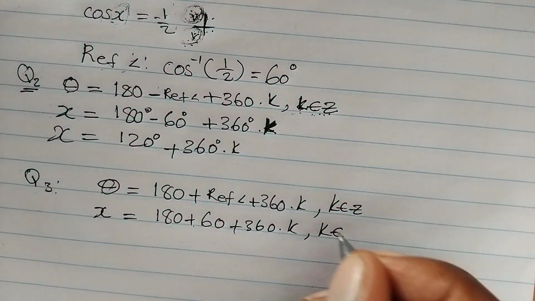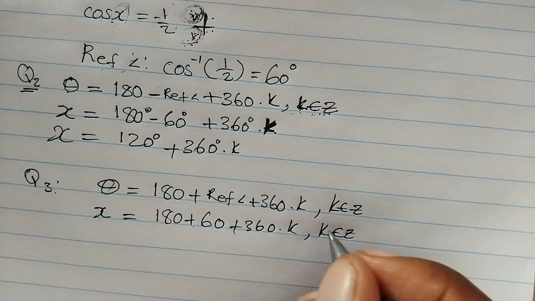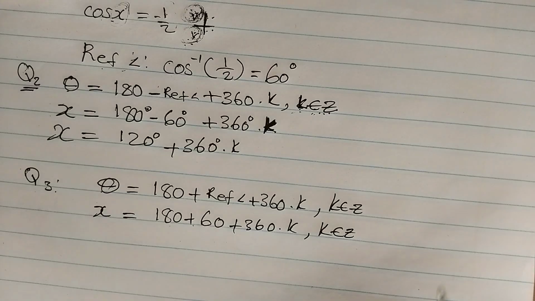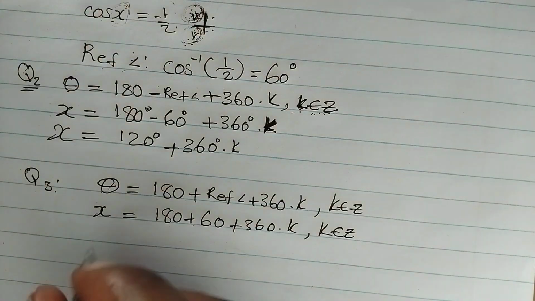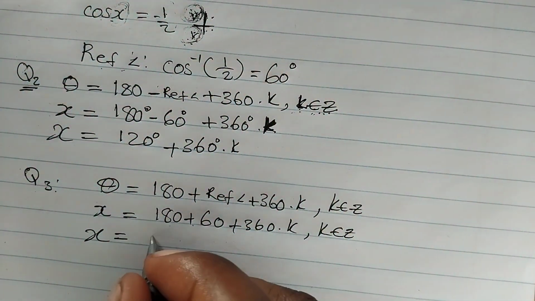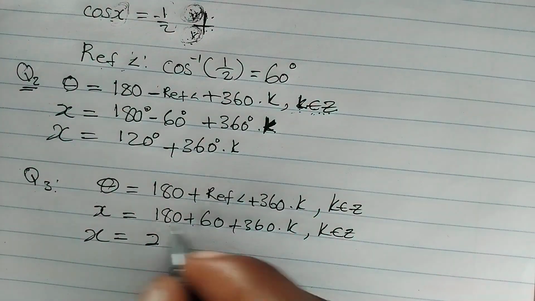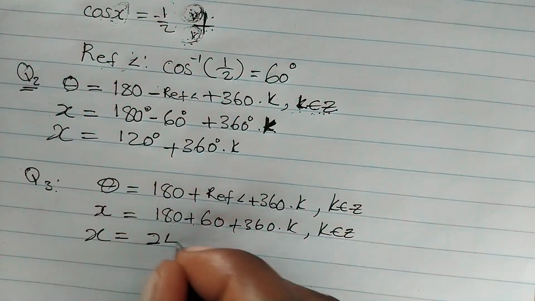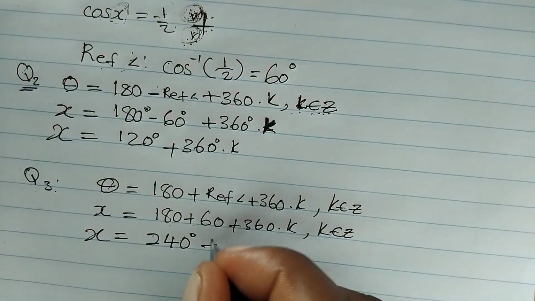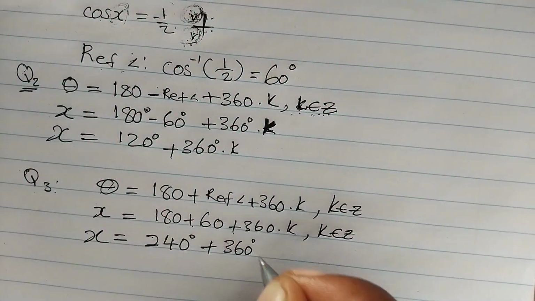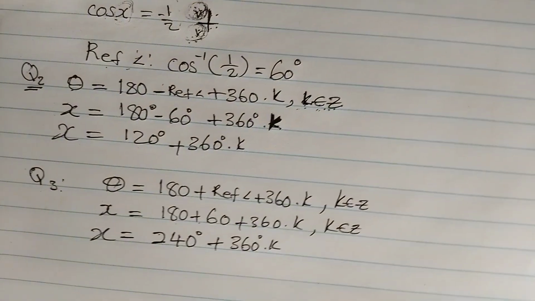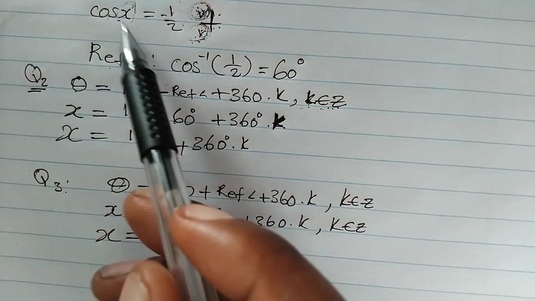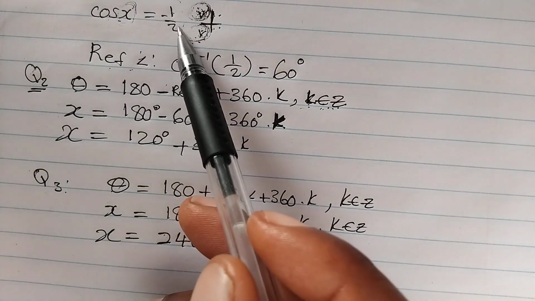There is no need to write the reason over and over again. So this will give us 180 plus 60, which is 240, plus 360 degrees times k. So this is the general solution for cos x equal to negative 1 over 2.